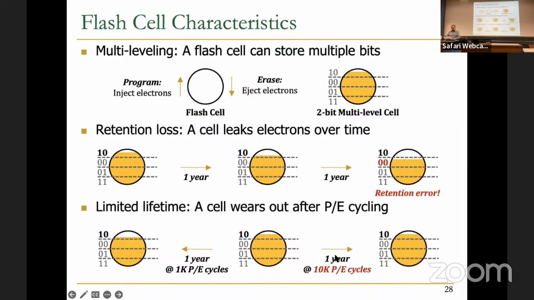But for the same 1 year with 10K PE cycles, you get to this. So basically, PE cycles can accelerate how fast your flash memory loses charge. Program erase means whenever we program and erase, injecting electrons and ejecting electrons.